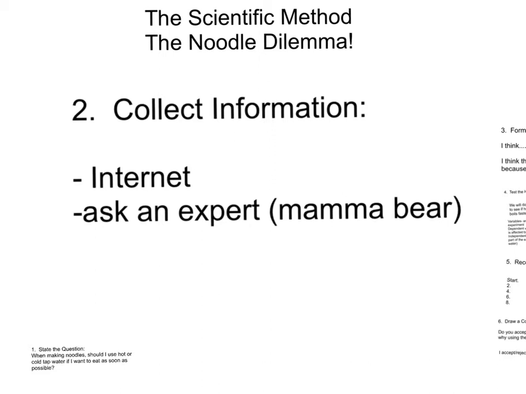As a class, we determined that if we really wanted to know more about whether hot water or cold water boils faster, we could look on the internet, we could ask an expert, and in many cases we said maybe your mother would know, since she's probably cooked noodles hundreds of times. So the second step of the scientific method is to collect information.